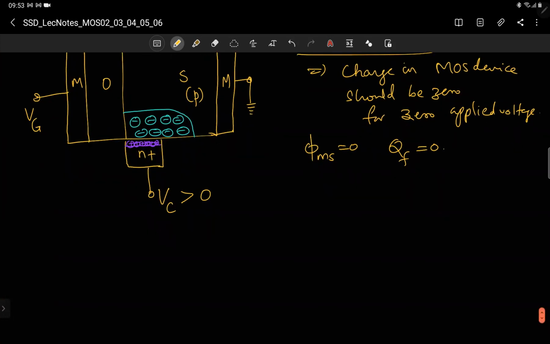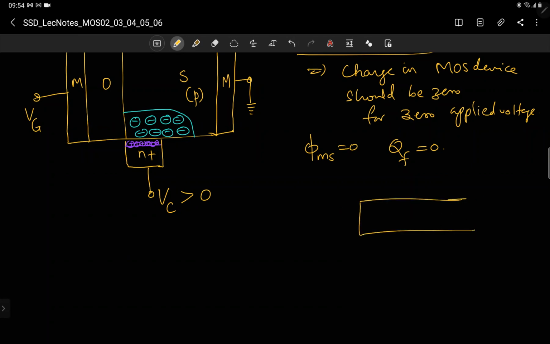So you know that if Vc is the voltage applied in reverse bias, what is the concentration of electrons at this place? You have an NP junction, or a PN junction.